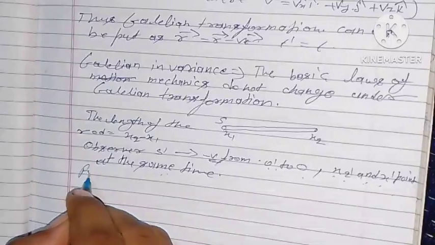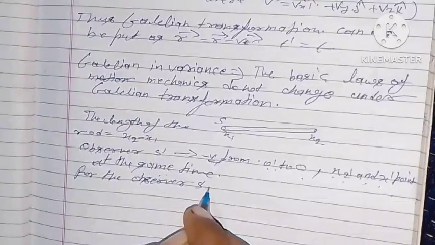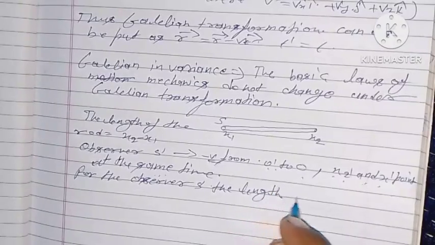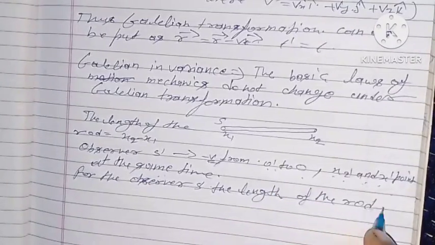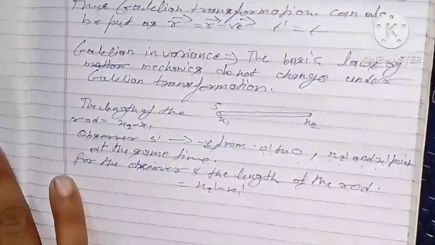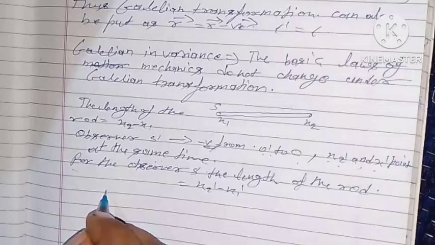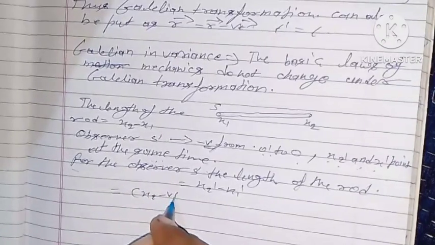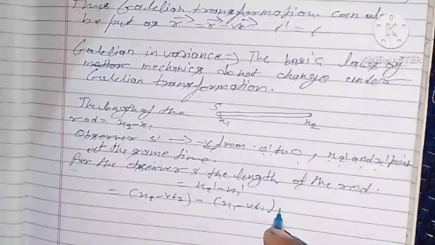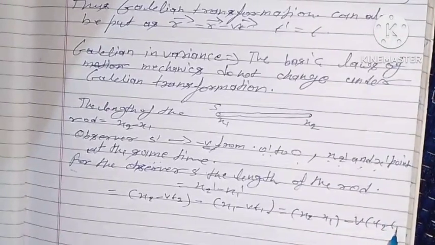For the observer S dash, the length of the rod equals x2 dash minus x1 dash, which equals x2 minus vt2 minus x1 minus vt1, which equals x2 minus x1 minus v(t2 minus t1).